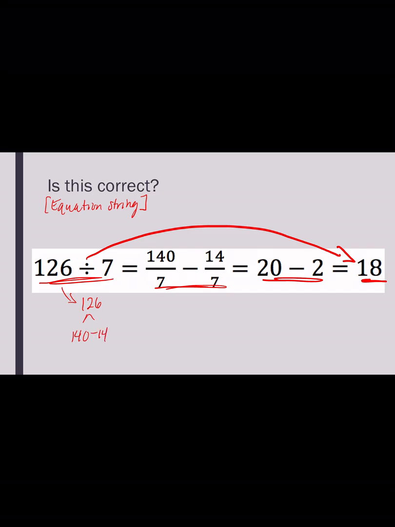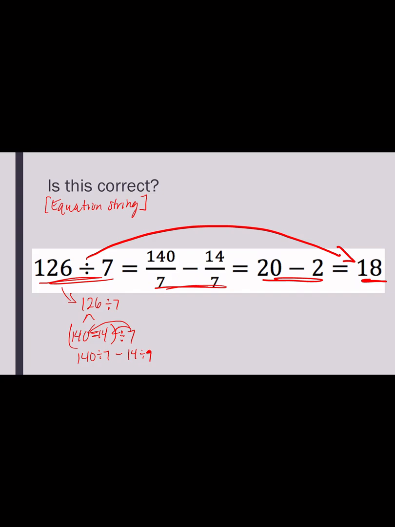And then we're going to keep the divide 7 in, and that's the same thing as 126 divided by 7 as well. And when we do that, we can use back distribution from division over subtraction. And we have 140 divided by 7 subtract 14 divided by 7.